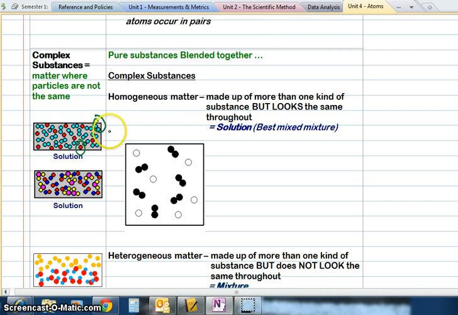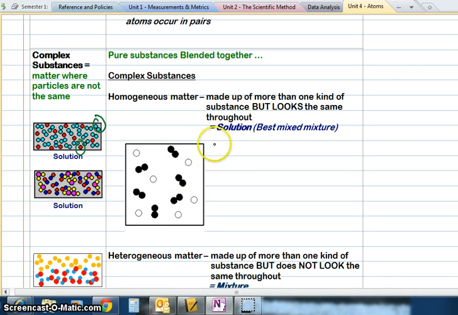I kind of think of this as like lemonade. I know that there's little bits of lemon in there. The water appears lemony. I know it's made up of lemon and water and maybe some sugar, but I can't see those individual pieces. So there's more than one kind of matter in there, a combination of different kinds of compounds and molecules, but you can't see those individual pieces.